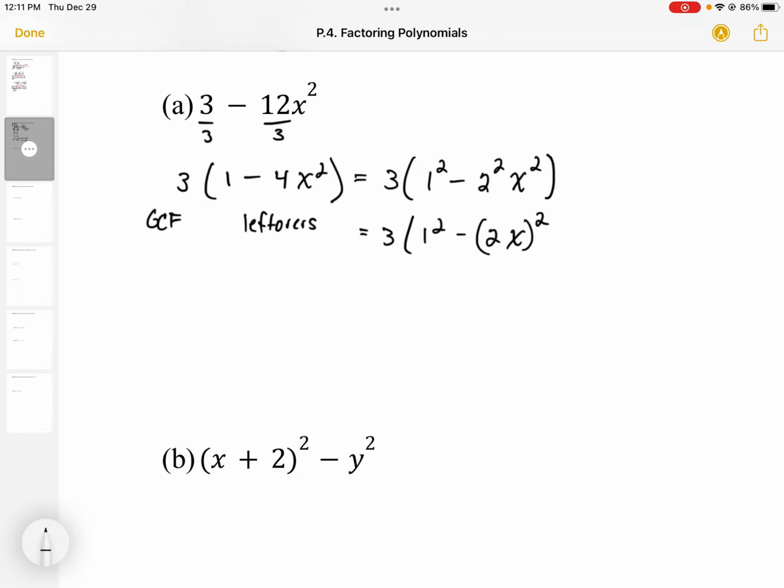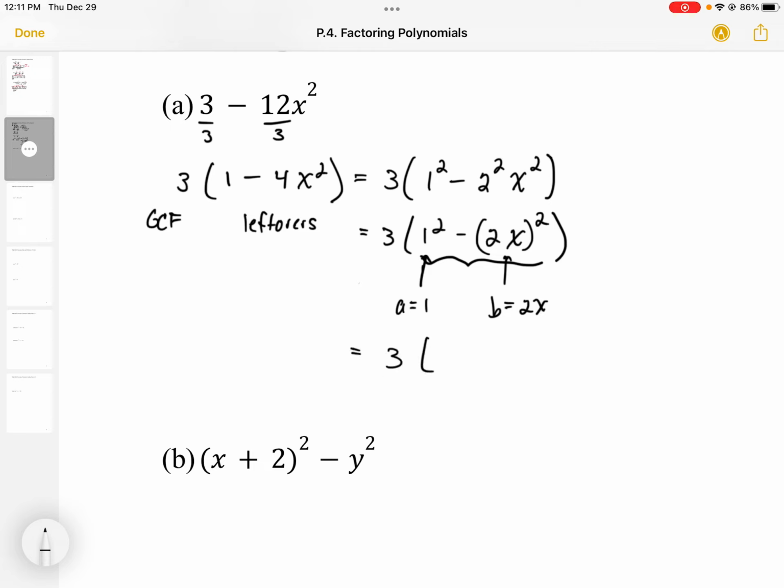They're both raised to the second power, so I'm able to use the properties of exponents and rewrite that. Now I'm going to factor the leftovers as a plus b times a minus b. Before I actually do that, let's identify that here a is equal to 1 and b is equal to 2x. So a and b are just the bases.